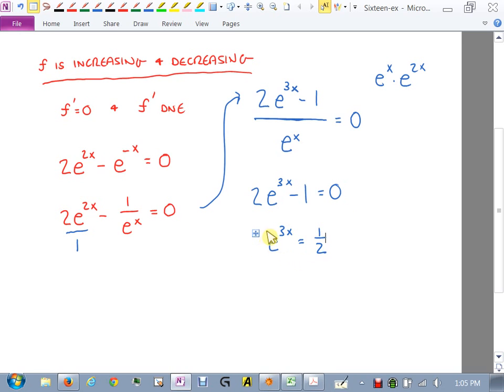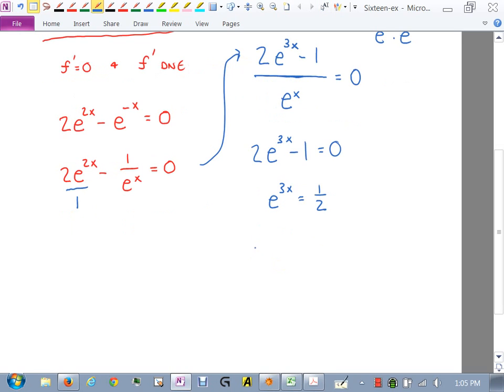And how do you release a variable from an exponent? You need to come in with the log on both sides so you can drop it down. So I'm going to come in here with the natural log of e to the 3x equals, whatever you do to one side, you must do to the other. And then now you can drop this down, drop the whole 3x down.